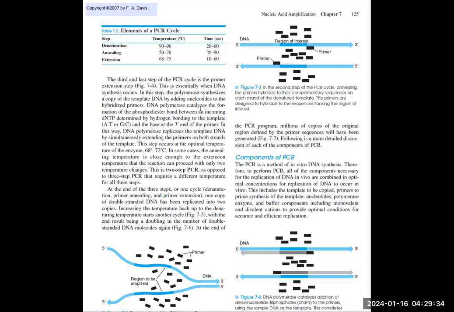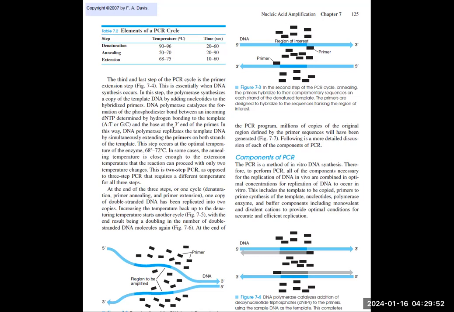And then DNA polymerase catalyzes the formation of the phosphodiester bond between an incoming dNTP determined by hydrogen bonding, and so on. So, what's the important thing that we should remember here?